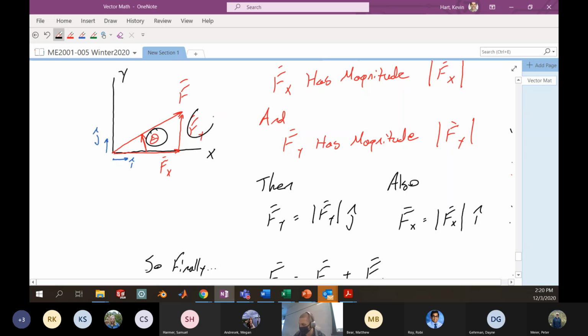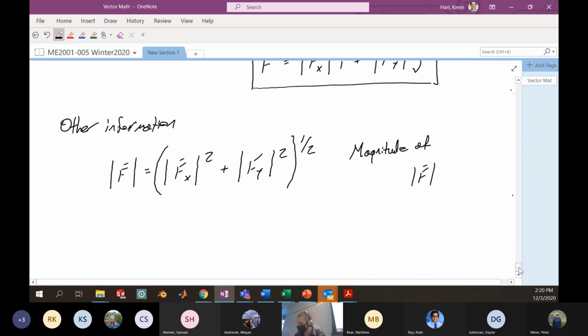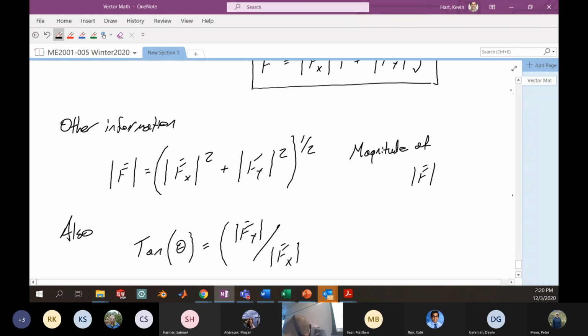So the tangent of this angle is just opposite over adjacent, right? So we also emerge with the following relationship. It's the magnitude of force in the y direction divided by the magnitude of the force in the x direction. Just like your triangle relationships here. It's the beauty of working with this orthogonal relationship.